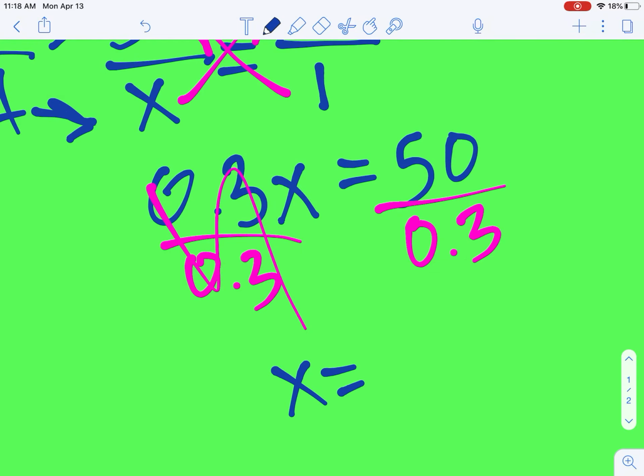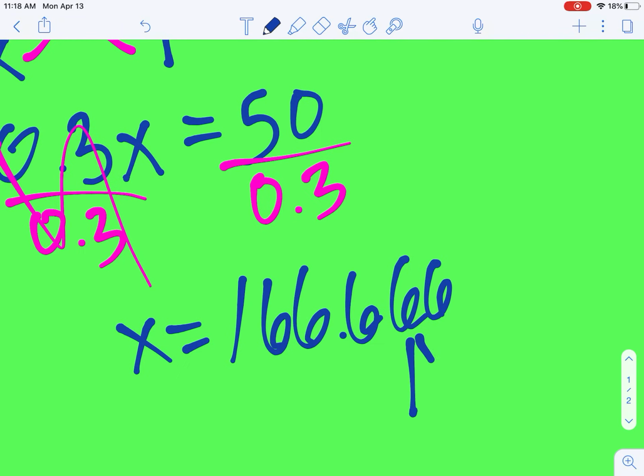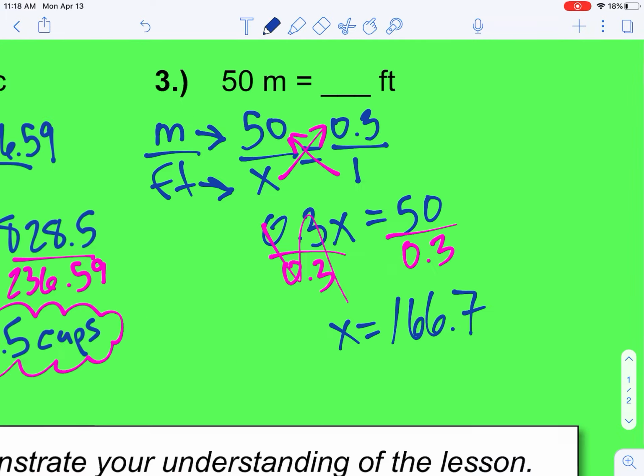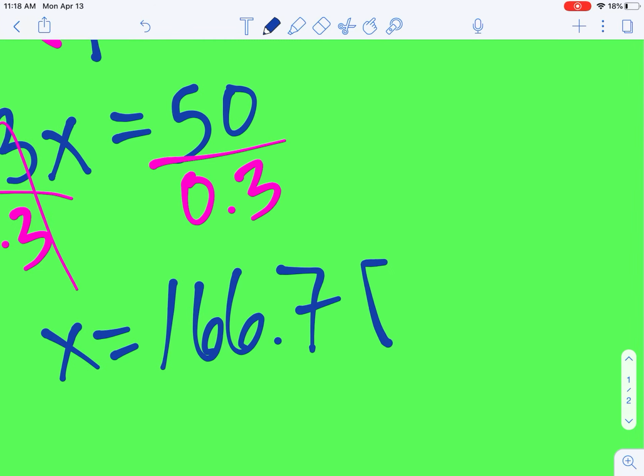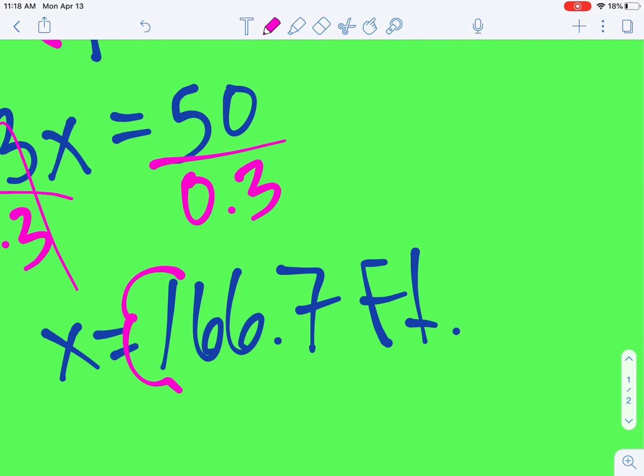And x equals 166.666. Okay, rounding to the nearest tenth, we look at that 6. 5 through 9 make the climb, which means that this actually changes to a 7. And what is my label here? We're looking for feet. So I have 166.7 feet.